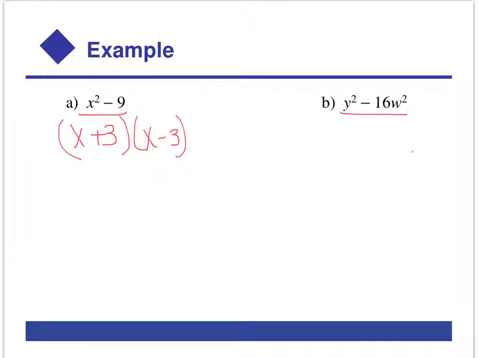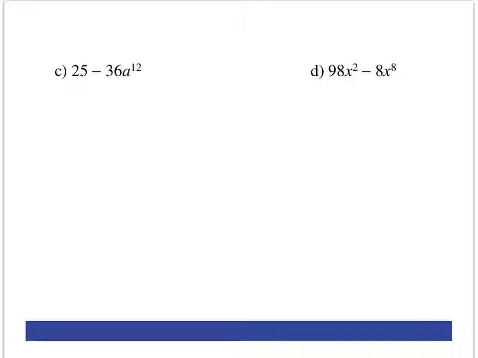So we wind up with y plus 4w times y minus 4w. And we're going to close parentheses. We have some more to factor.